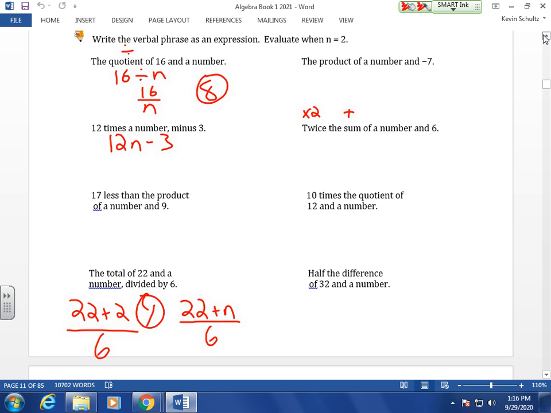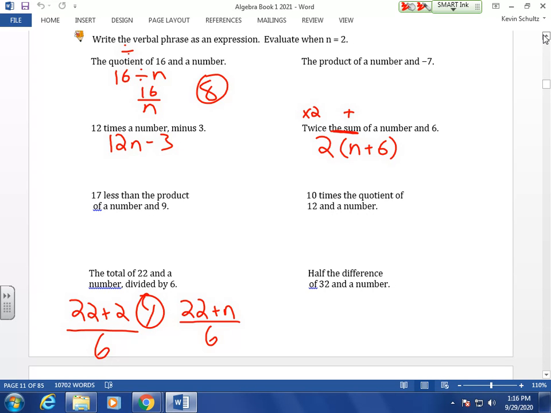So twice the sum of a number and 6 means we want to find the sum first. What are we twicing? What are we multiplying by 2? We're multiplying the sum by 2. So that sum, because we have to find it first, should be in parentheses. And then multiplying that by 2, you can put 2 out in front.